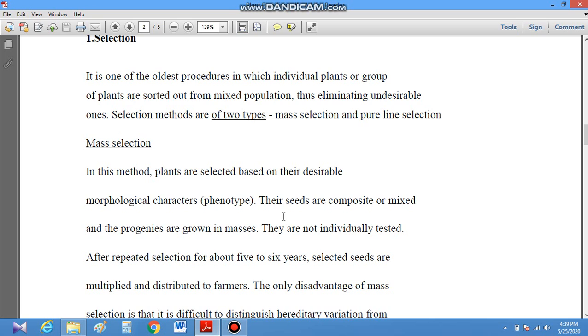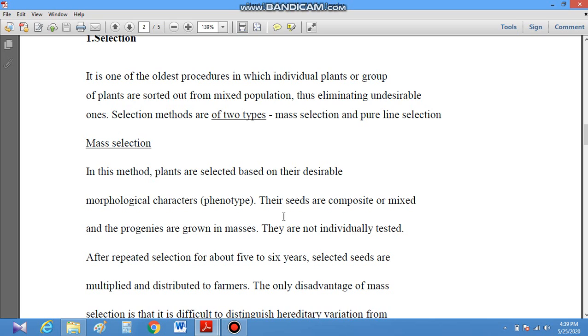Mass selection is applicable to both cross-pollinated and self-pollinated species, but it is more commonly used in the improvement of cross-pollinated crops, and rarely for self-pollinated crops. We can use it in both, but it is preferred in cross-pollinated crops.